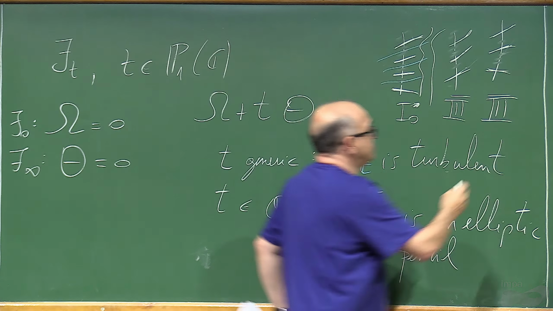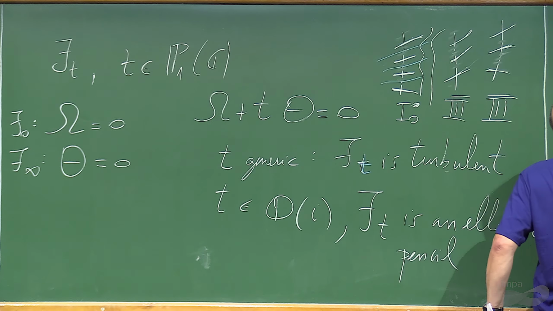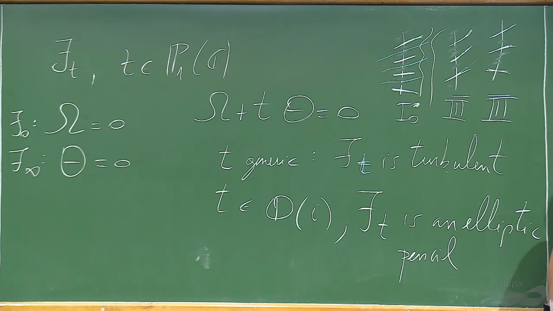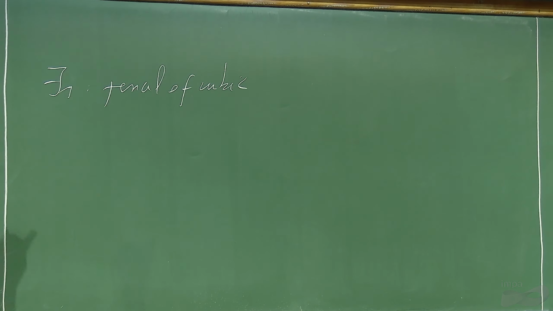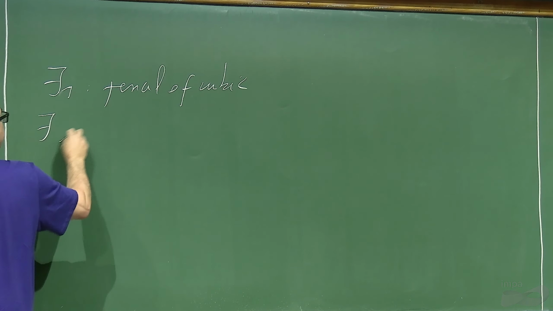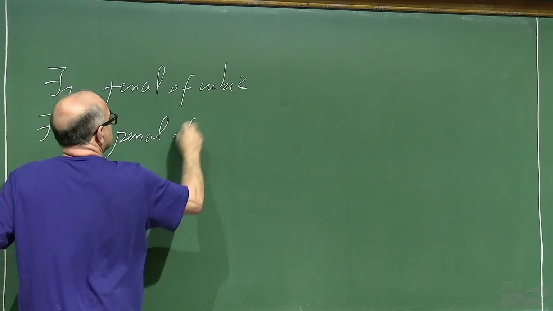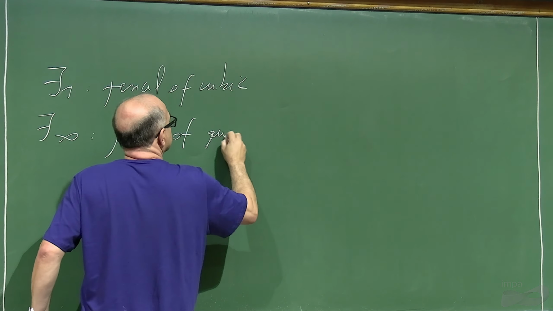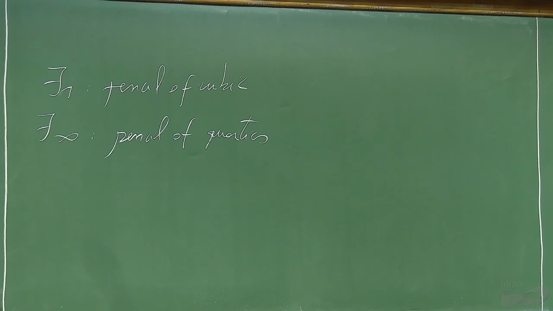So, Lins Neto remarked that F1 is a pencil of cubics generated by one circle and one line. That F infinity is a pencil of elliptic quartics, that is quartics with two nodes at the imaginary points there.